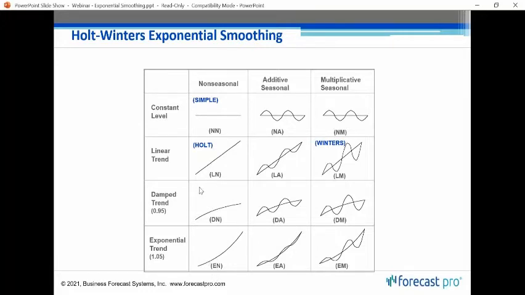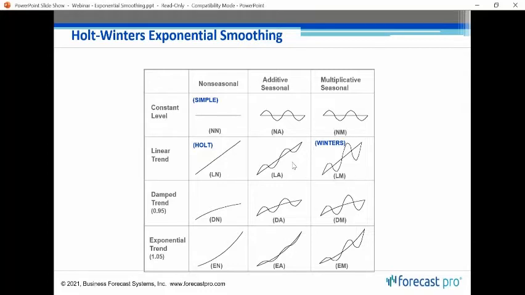The second letter identifies what type of seasonal pattern: N is not seasonal, A is additive seasonality, M is multiplicative seasonality. So if I said I used an LA model, then I'd use this one right here.